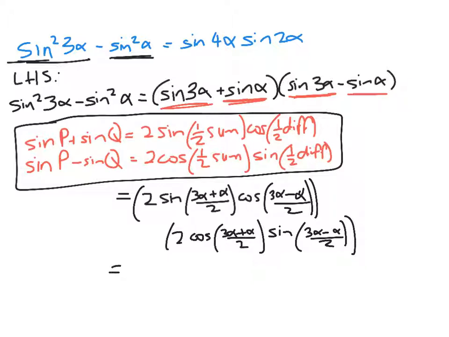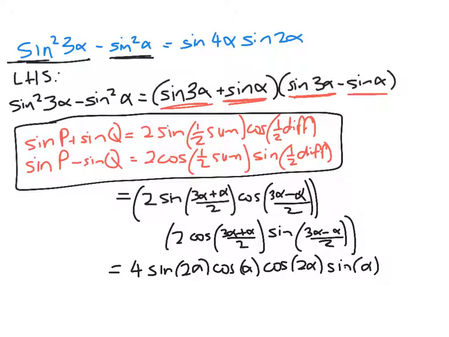So that now gives me 4 sine 2 alpha cos alpha cos 2 alpha sine alpha. So we're not quite there, but let's look at where we're getting to. We want to end up with sine of 2 alpha here. And we know that that's 2 sine alpha cos alpha.